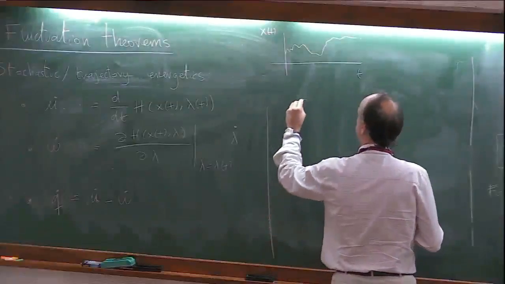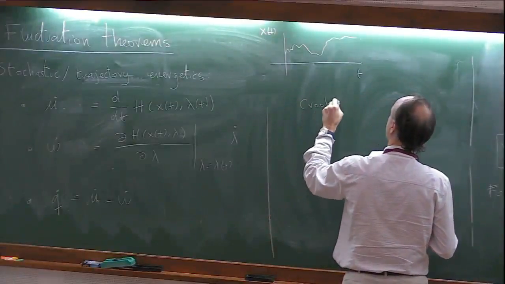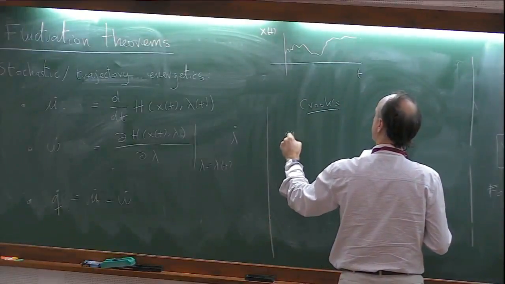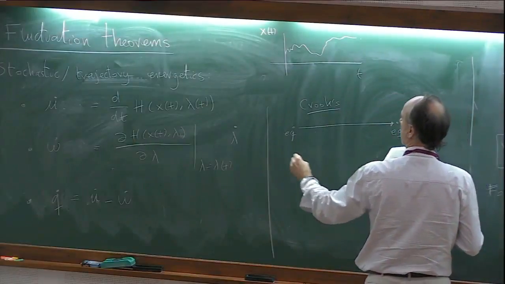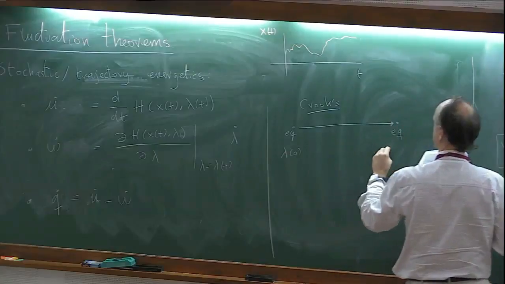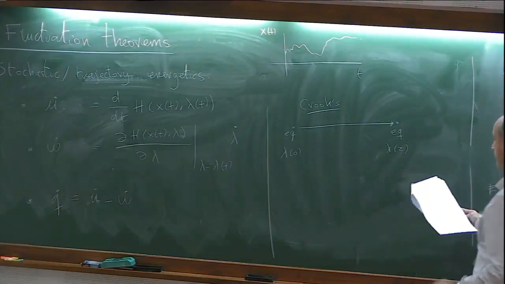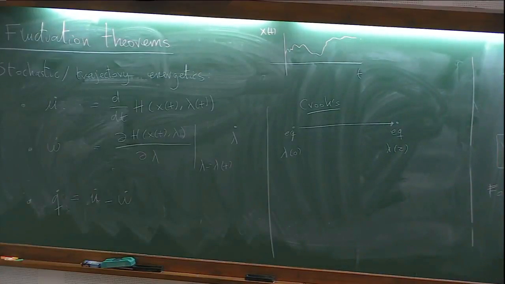Using these definitions, Crooks was able to prove the following. If I start in equilibrium and I go to another equilibrium state, moving my parameter, then he proved the following, and you have the proof in my notes here.